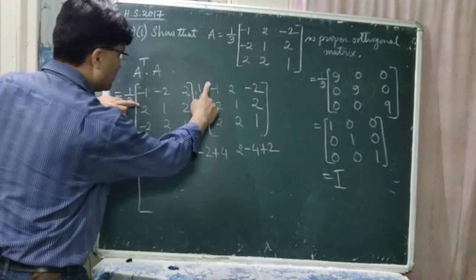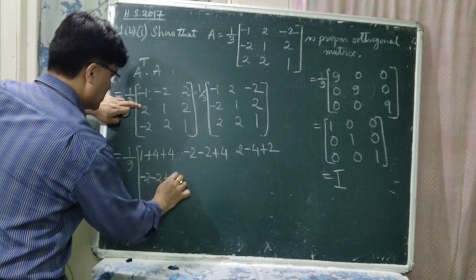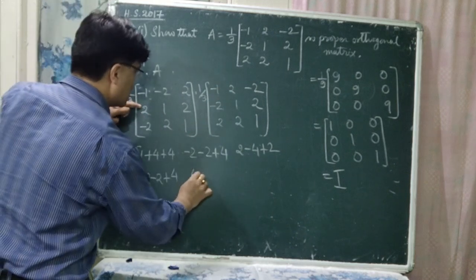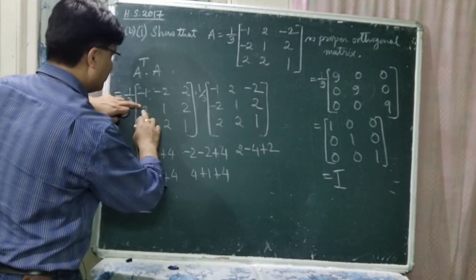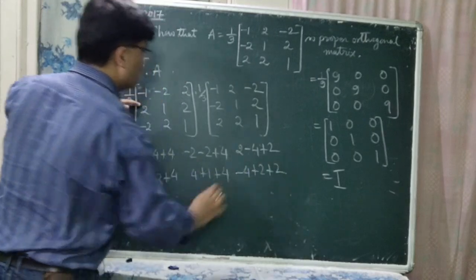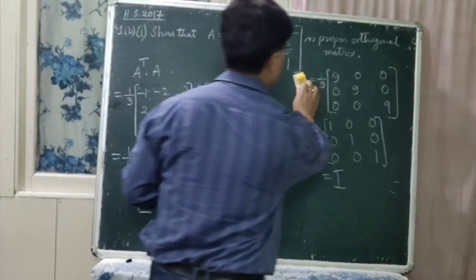Next second row by first column, minus 2, minus 2 plus 4. Next second row by second column, 4 plus 1 plus 4. Next second row by third column, minus 4 plus 2 plus 2. Is that clear? So next one, what will you write?